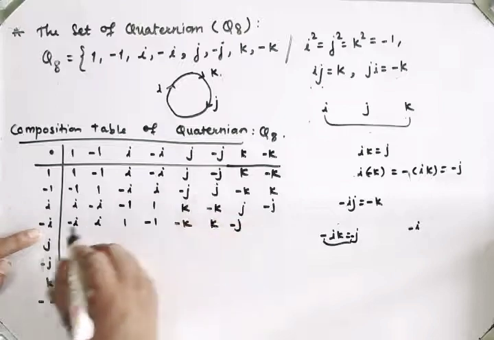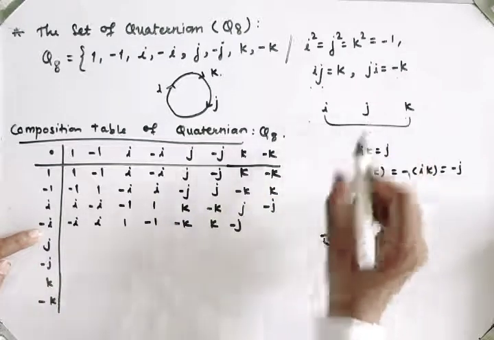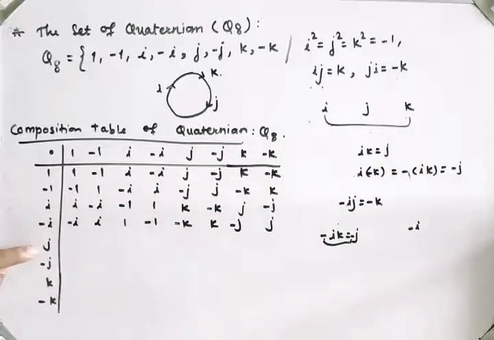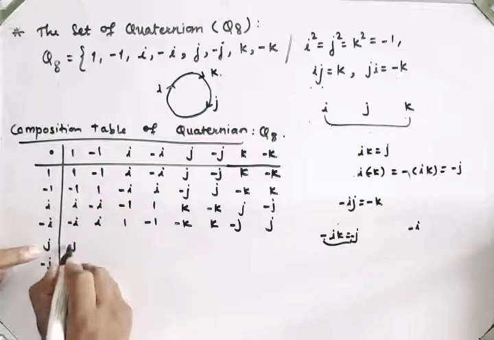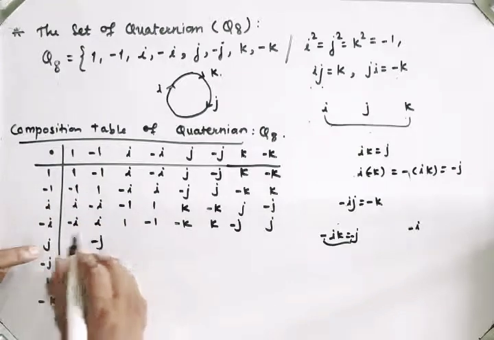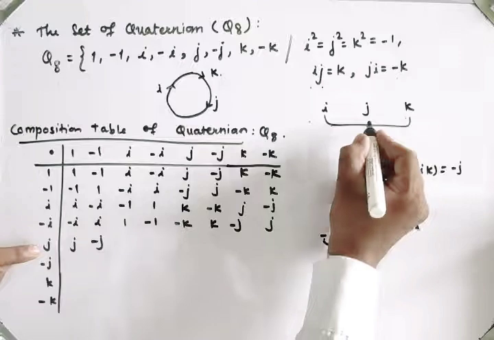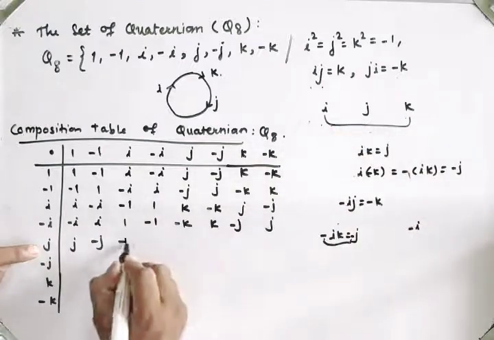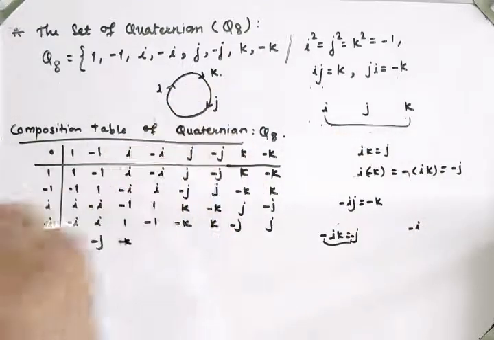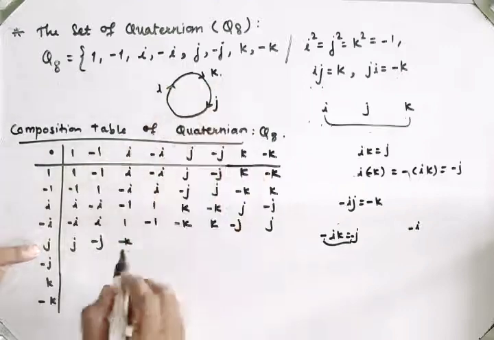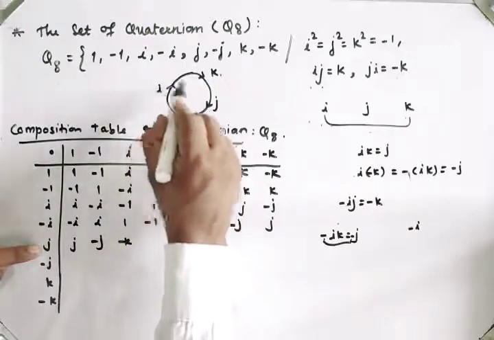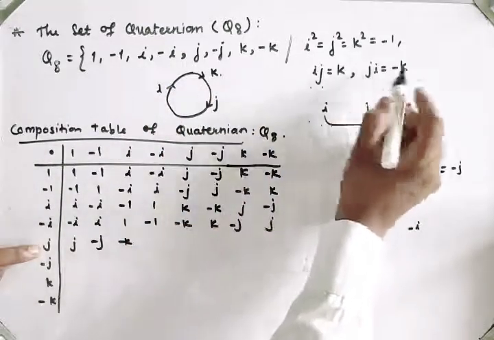Next minus minus plus, i into k which is j. And next is j: j into 1 is j, j into minus 1 is minus j. J into i, here opposite sign, so j into i which is minus k, because of the clockwise direction. So j into i is minus k.